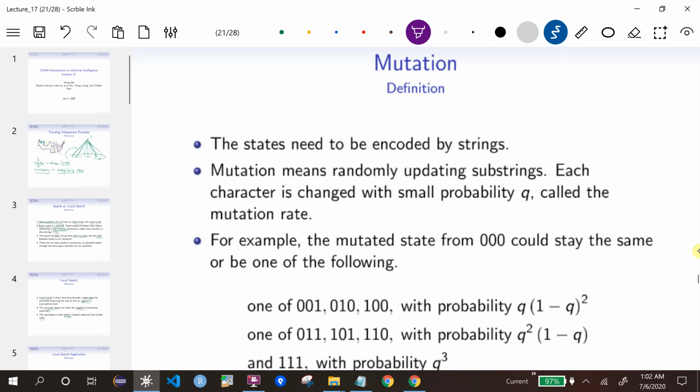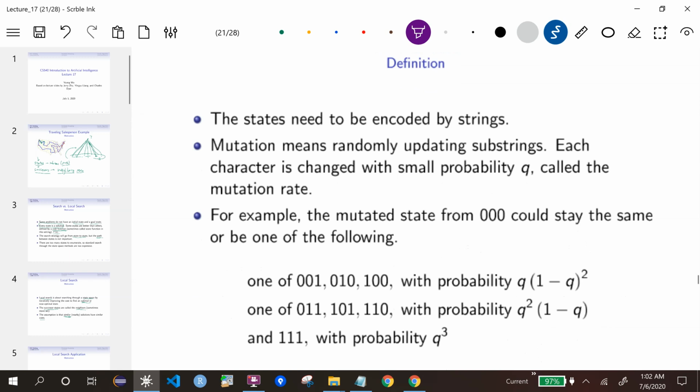And mutation, as the name suggests, it's just mutation. It's just a substring where one character is changed randomly. So for example, if we have 0, 0, 0, then we can change 0 to 1 with probability q. Hopefully q is small.